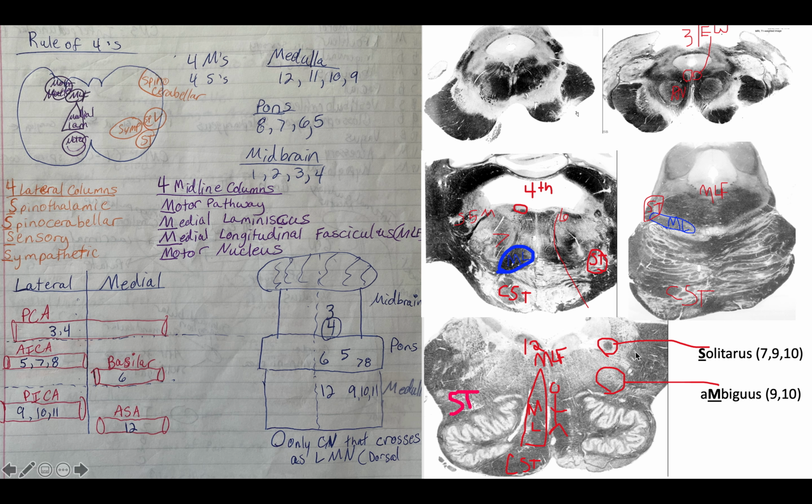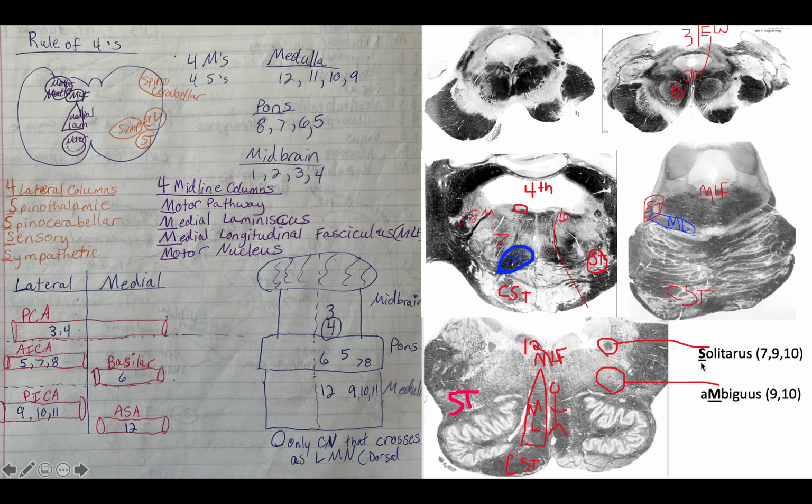Okay, so 2 important nuclei to know whenever it comes to the medulla is the nucleus solitarius. It handles all of the sensory for the medulla. So any sensory for cranial nerve 7, 9, and 10 is going to go through the nucleus solitarius. Any motor for cranial nerves 9 and 10 is going through nucleus ambiguus.